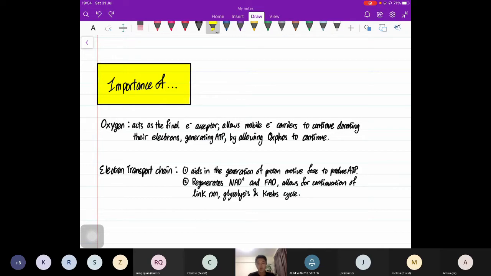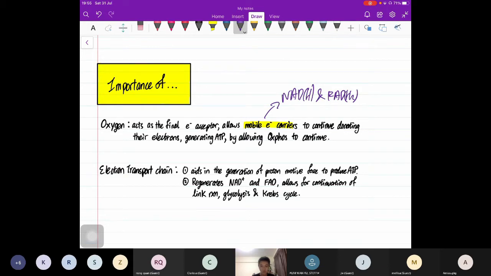It allows your mobile electron carriers, and of course, the mobile electron carriers here refer to our NAD and FAD, whether you want to put the H2 and H. These are your mobile electron carriers. It allows for them to continue donating their electrons to your electron carriers in your ETC, and therefore it allows OXPHOS to continue.